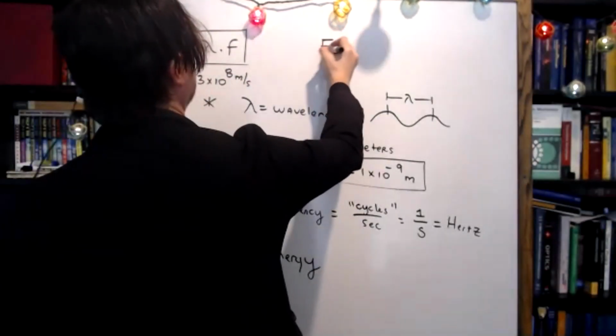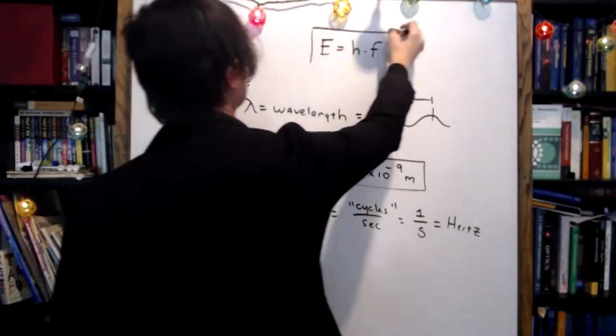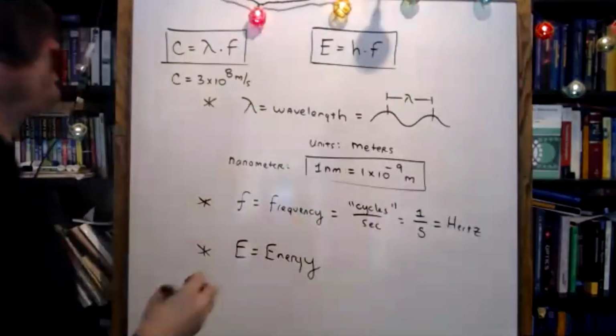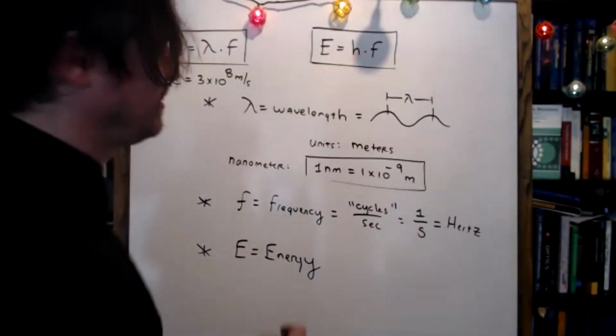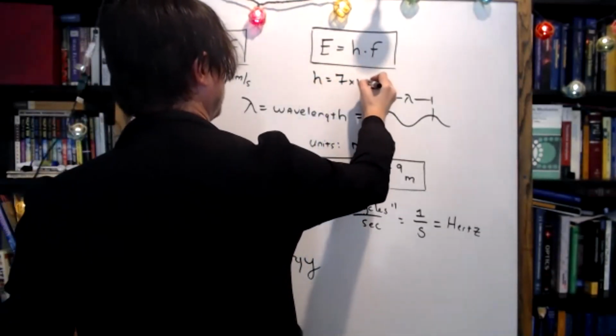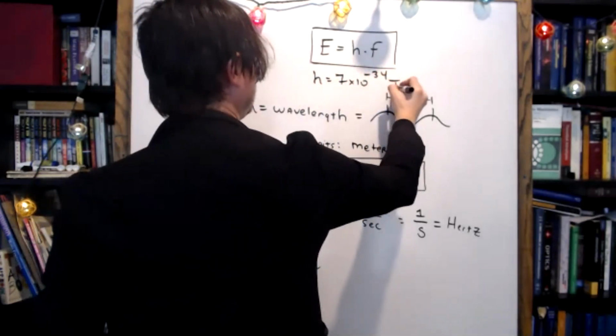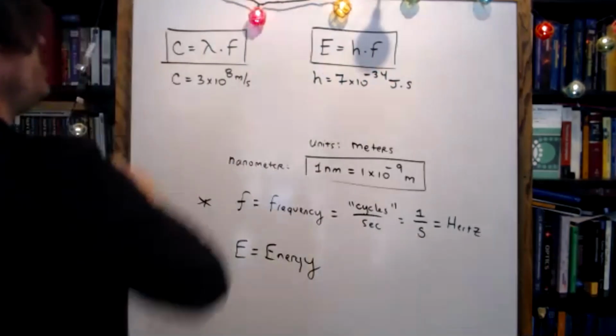The other formula that we need is the energy of a photon. The energy of a photon involves another number from nature called Planck's constant. Planck's constant has a value of 7 times 10 to the minus 34 joule seconds.